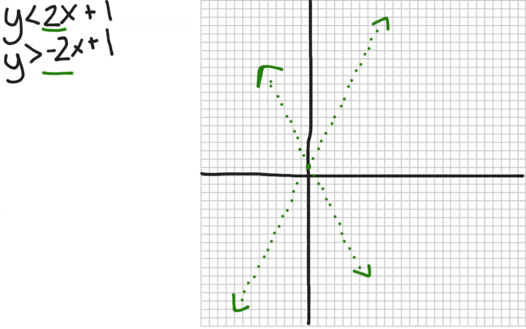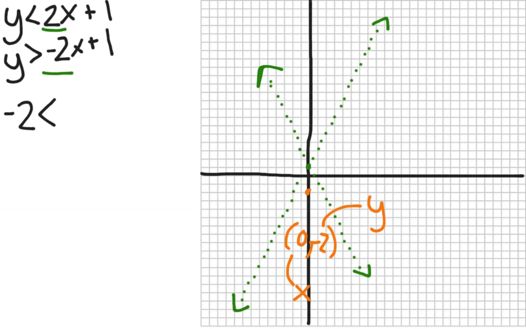So I need to test a point. I'm going to test one on an axis to make testing it a little bit easier. I'll test the point 0, -2. That means 0 is my x value, -2 is my y value. And I'll substitute those into both inequalities. So my y value is -2.